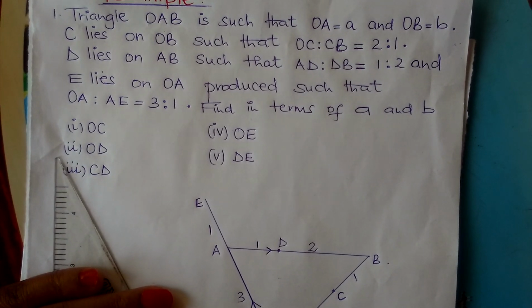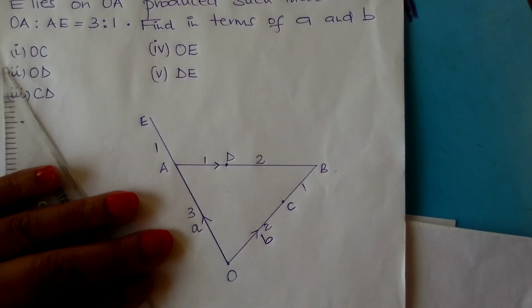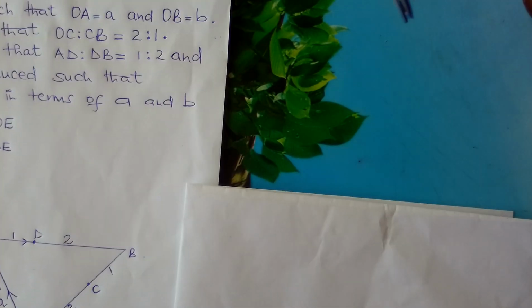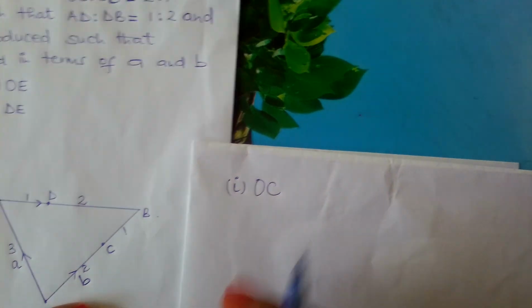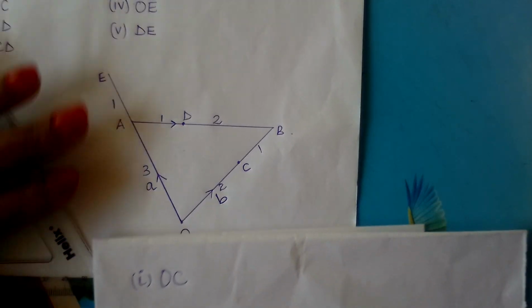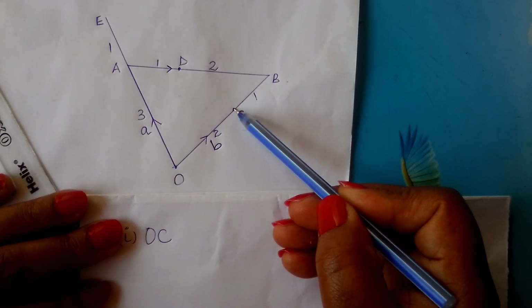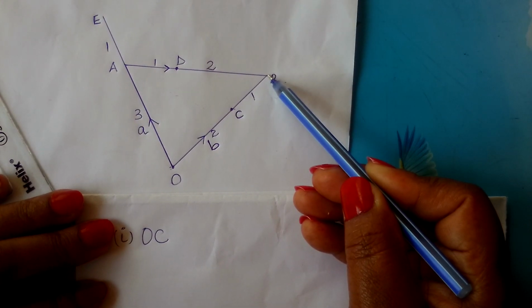So, the questions now. We go to the first question here, learner. What is OC? Vector OC. So, Roman 1, vector OC. What is vector OC? Vector OC is this, learner. Vector OC is a fraction of OB. Look at that.